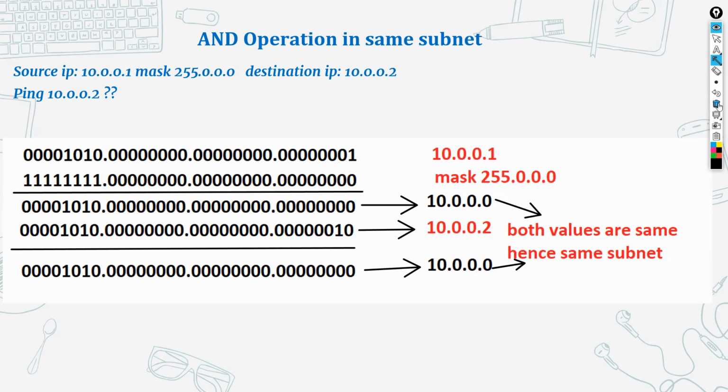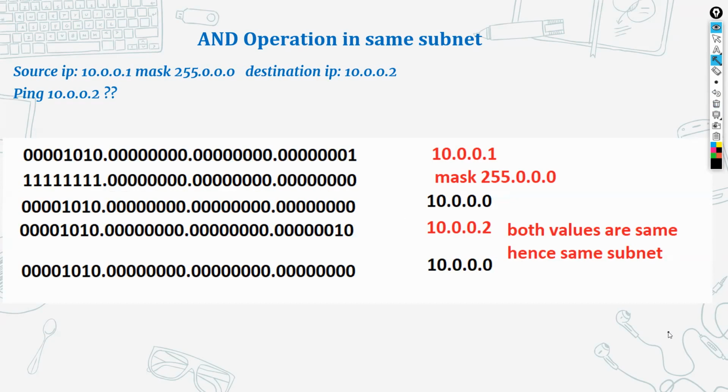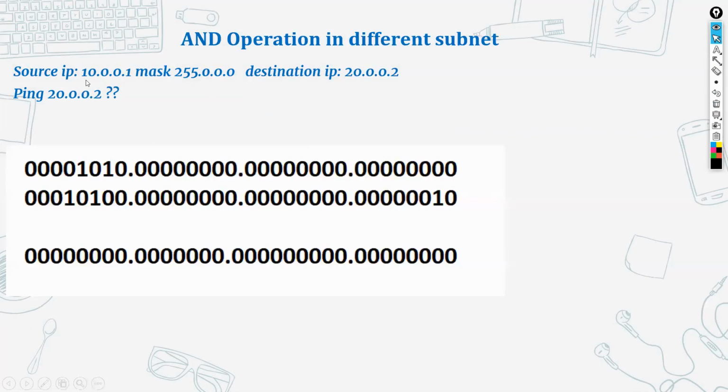Now let's see another example with different subnets. Let me go to the next slide. If you already know this particular operation, you can maybe skip this part. Now let's see when we have PC1 with the IP address of 10.0.0.1 with a mask of /8. The destination IP this time is 20.0.0.2, which is in a different subnet, right?